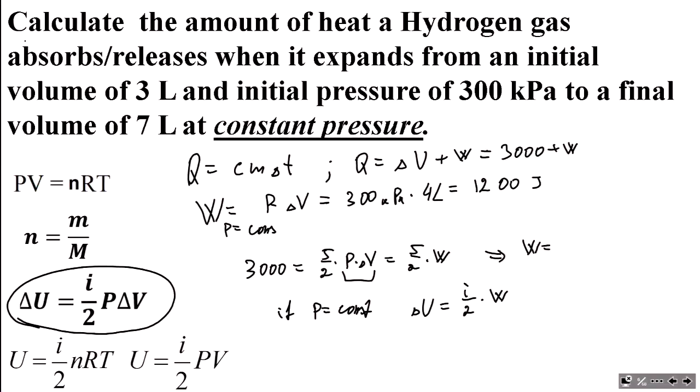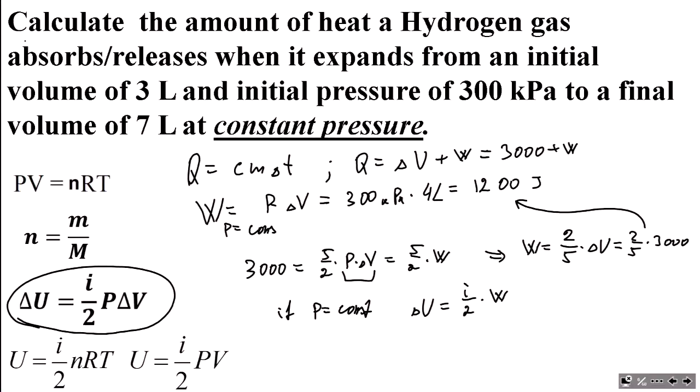So we can use this relationship to calculate work differently. It's going to be equal to 2/5 times delta U. 2 times 3 is 6. 6 times 2 is 12. 12 over 10. Of course, we get the same number.